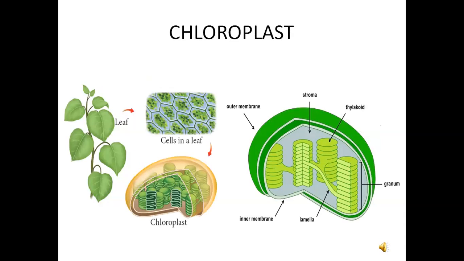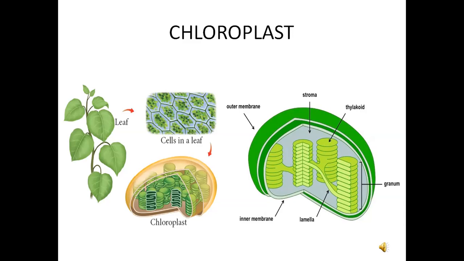Next, chloroplast. Chloroplast is present only in plant cells. Chloroplast is a food producer. Do you notice the green organelles present in plant cells and absent in animal cells? Chloroplasts are the only cell organelles that can produce food from the sun's energy. Only plants with chloroplast are able to do photosynthesis because they contain the very important green pigment chlorophyll.